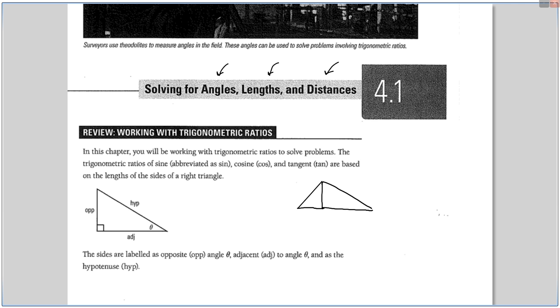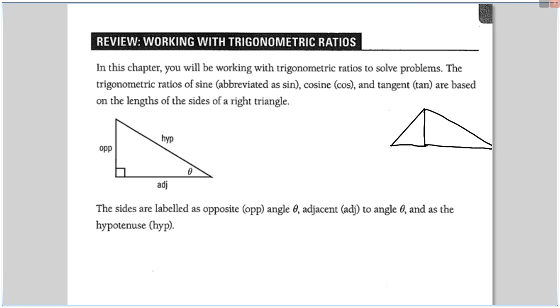Okay, for trigonometry, what type of triangles do we care about only? Yeah, it has to be a right triangle. If you do not see a right triangle and it's like a question that I've given you on a test, you may have to draw a line or something to make a right triangle.